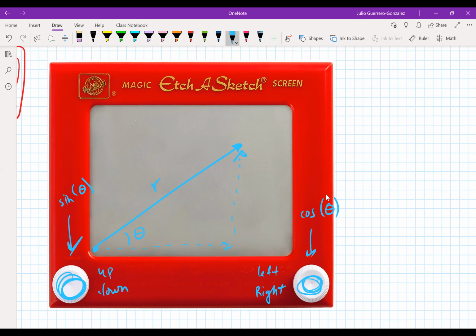So for a specific angle theta, how many times do I have to spin this one and this one together to get to my point way up here? That's the definition behind sine and cosine. Okay?